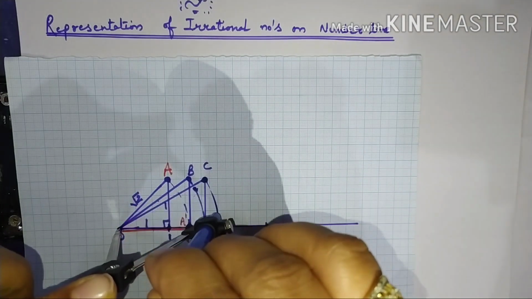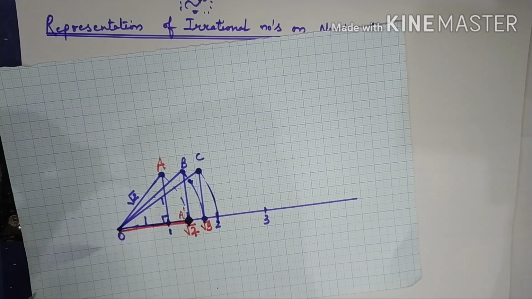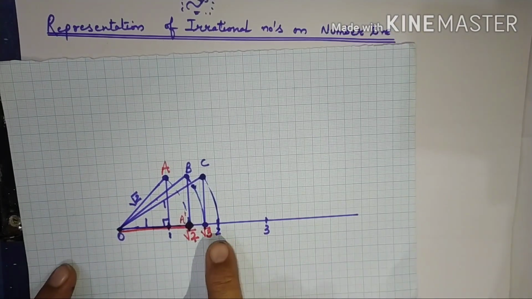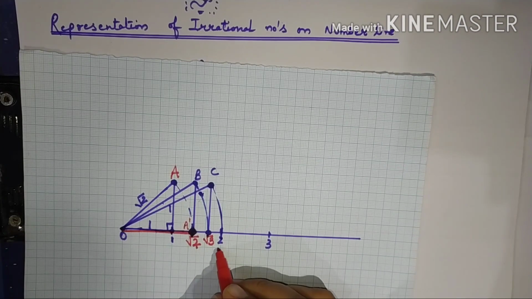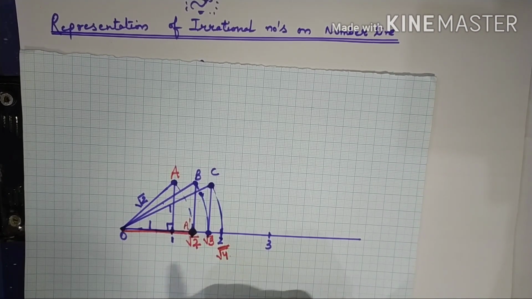See, it is directly coming up to 2. 2 means root 4, which is absolutely right.